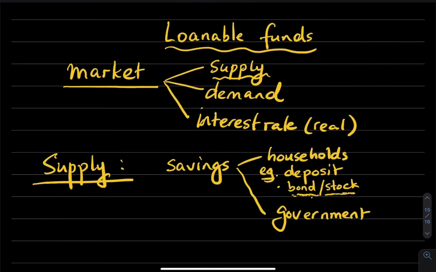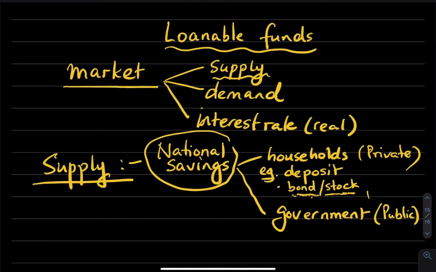So you have the savings from the households, which are private savings, and the savings from the government, which are public savings. So the supply of loanable funds, funds that can be lent out, comes from national savings. National savings equals the supply of loanable funds.